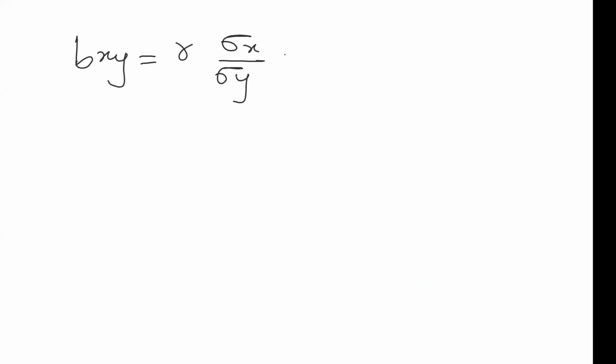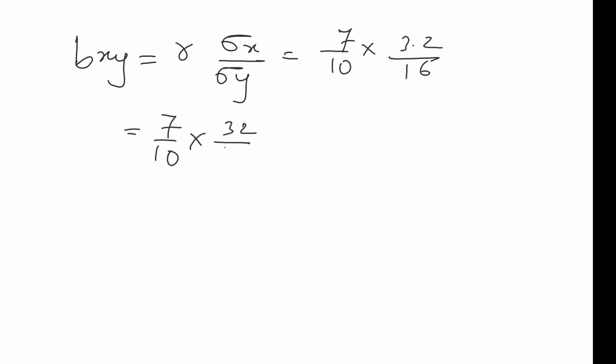So what is r? R is equal to 0.7, given to you. I've written it as 7 upon 10. Sigma x is 3.2 and sigma y is 16. So 7 upon 10 into 32 upon 10, where 3.2 I have written as 32 upon 10, and this 16 I have written as 1 upon 16 because 16 lies in the denominator.